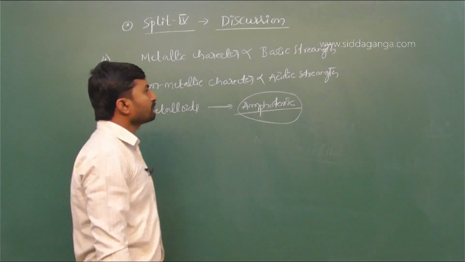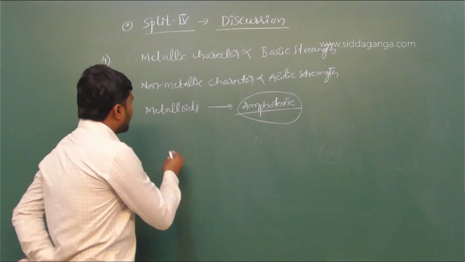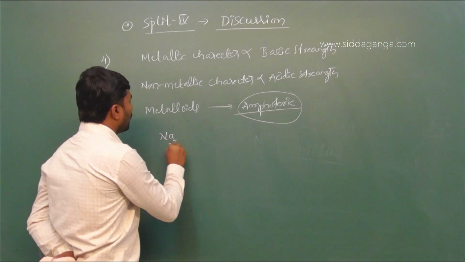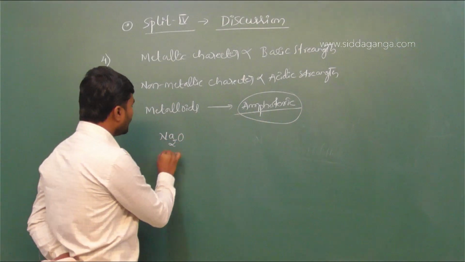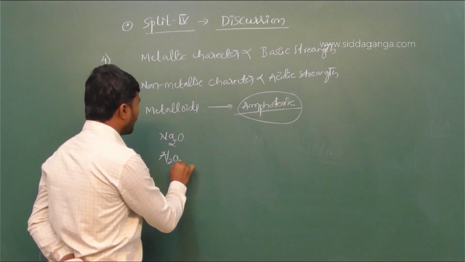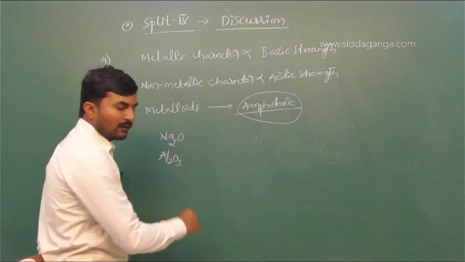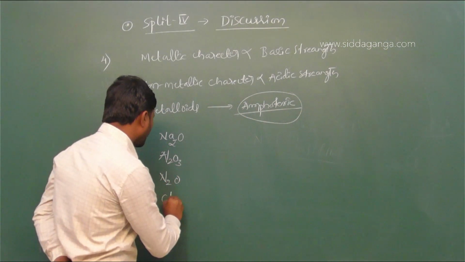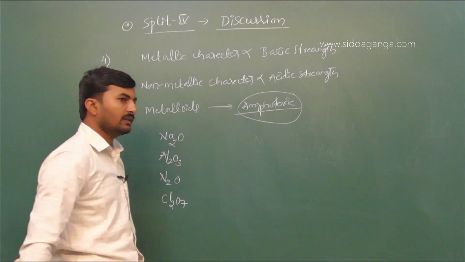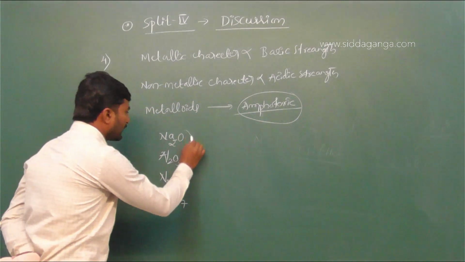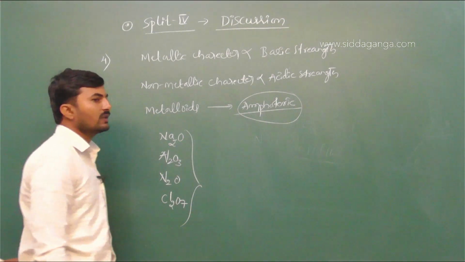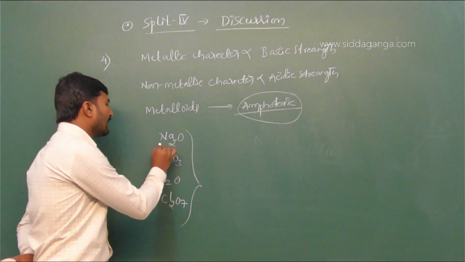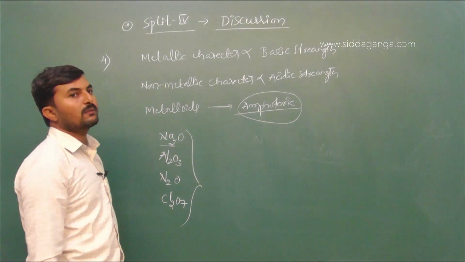Okay, then they have given examples of Na2O followed by Al2O3, followed by N2O, then Cl2O7. So these are the oxides of different compounds in which we need to differentiate which one is an acidic oxide and which one is a basic oxide.